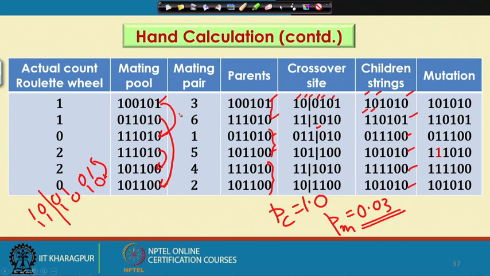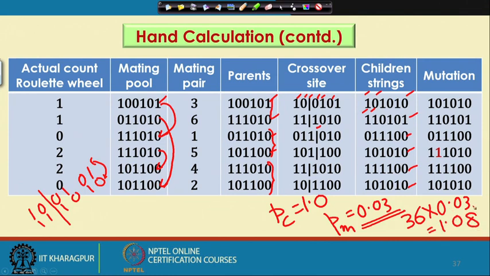So, we have 36 bits. 36 multiplied by 0.03 is 1.08. That means, on average, only 1 bit will be mutated, but there is no guarantee. There could be no mutation, or mutation on 2 bits, but let me assume that mutation will occur on only 1 bit.